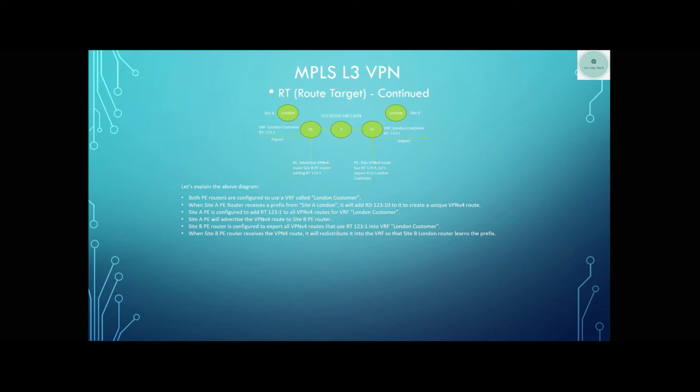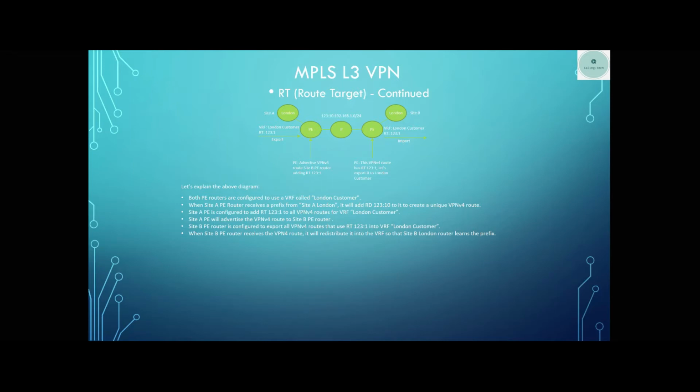Site A PE will advertise the VPNv4 route to the site B PE router. Site B PE router is configured to import all VPNv4 routes that use RT route target 123:1 into VRF London customer. Okay, when the site B PE router receives the VPNv4 route, it will redistribute it into the VRF so that the site B London router learns the prefix.